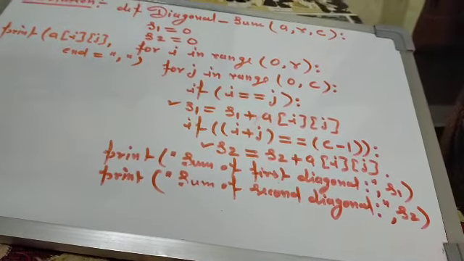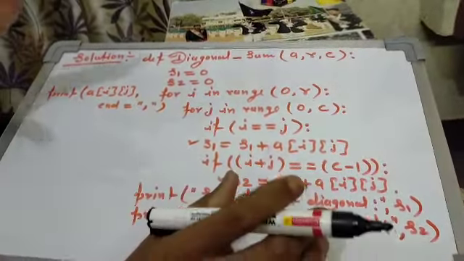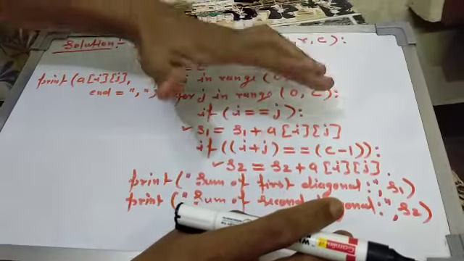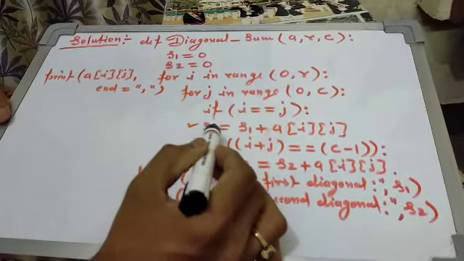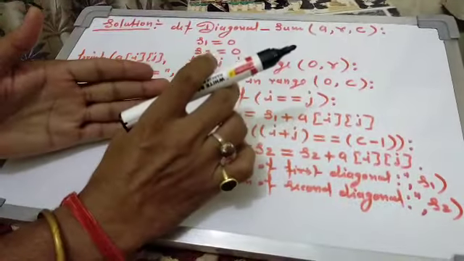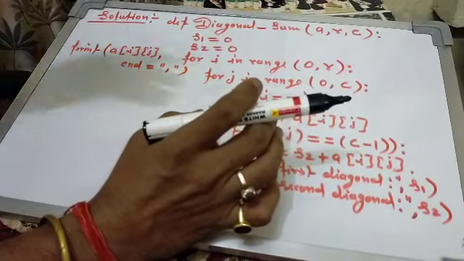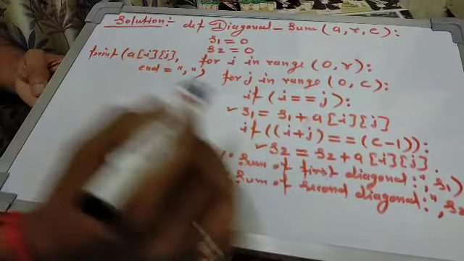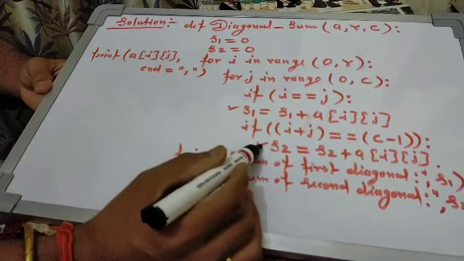So if you want to print the elements which exist in the diagonal, in such a case, in the body of the loop we have to print the elements which exist in the diagonal. And at this point you can print the elements which exist in the second diagonal.